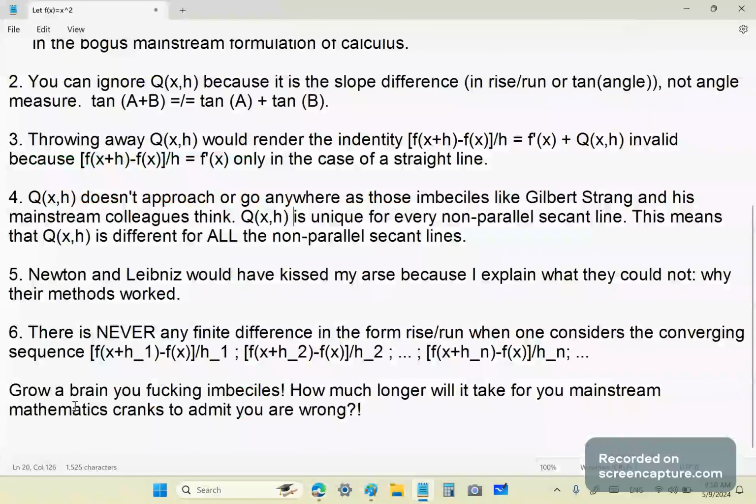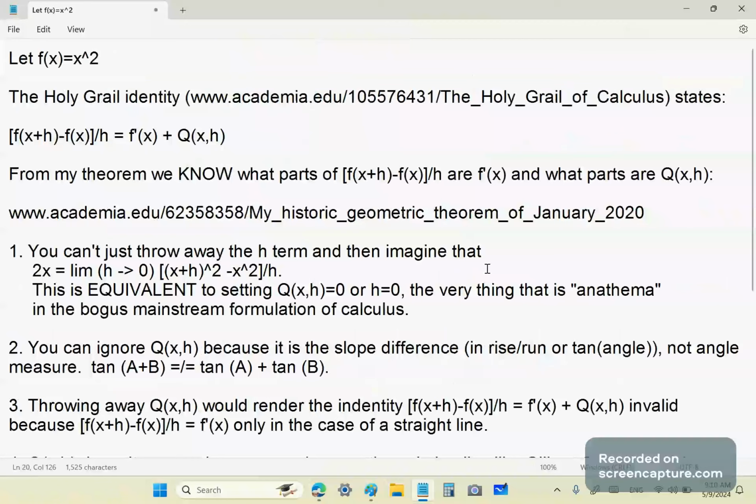So what you all need to do if you're a mainstream academic is you need to grow a brain, because you're an imbecile. And you need to also admit you're wrong, because your grandchildren and your great-grandchildren, hopefully many of you won't have children, but if you do have, they're going to be laughing at you, laughing at your ignorance and your stupidity. How much longer can you deny this knowledge that I reveal to the world?